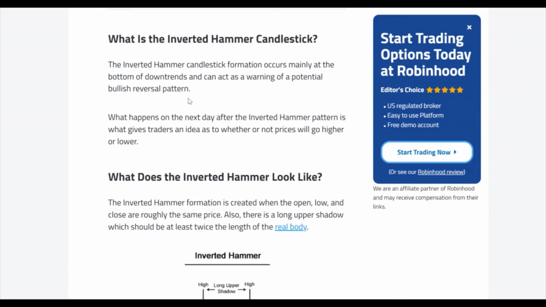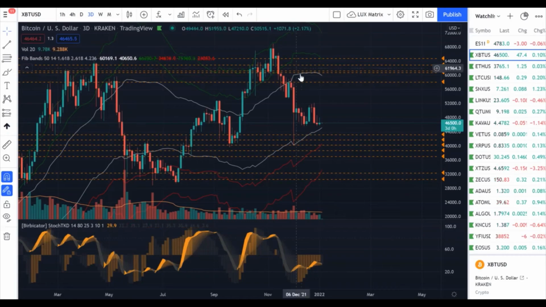So we are in a downtrend, and now we've printed back-to-back inverted candles on the 3-day chart. So who knows, maybe this could be the turnaround we've been waiting for. We're going to have to see how it plays out. I still kind of believe that it might go a little bit lower before it goes higher, but we'll have to wait and see.